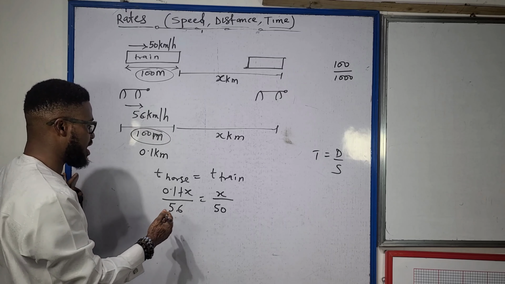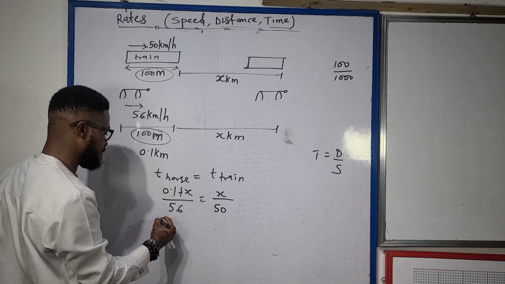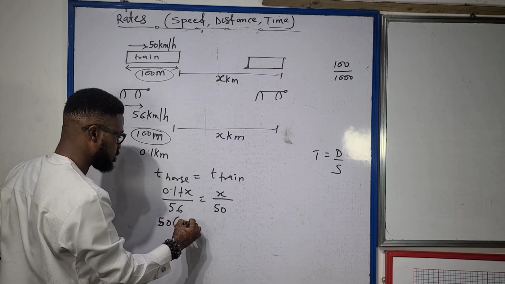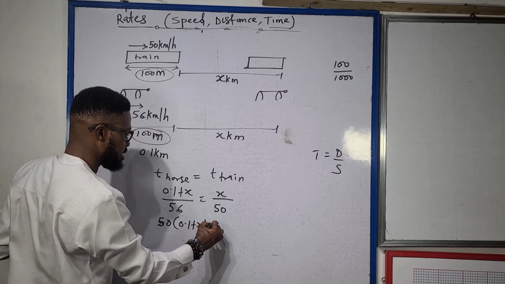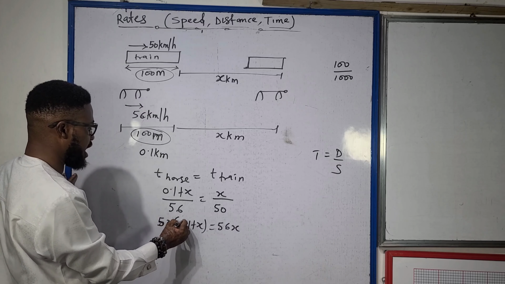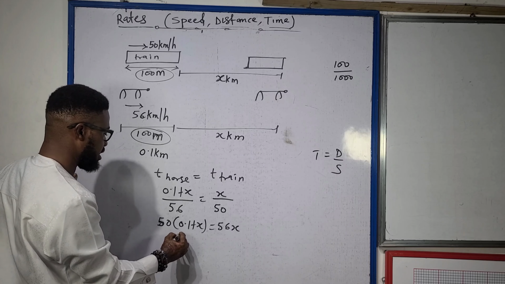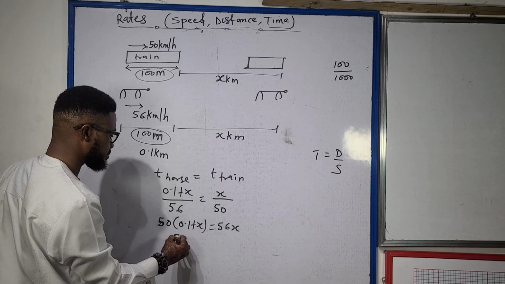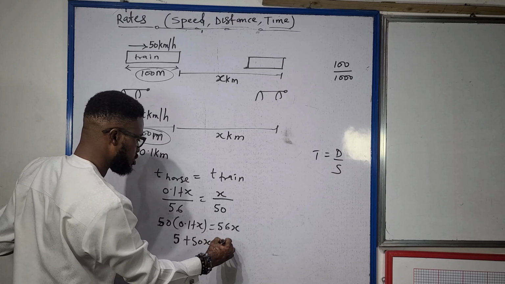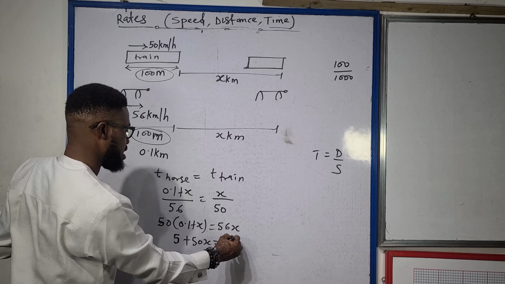So we're going to solve this that way. We'll be able to get our x. Okay, 50 comes here, 50 into bracket 0.1 plus x equals 56x. So 50 times 0.1 is 5, plus 50x equals 56x.